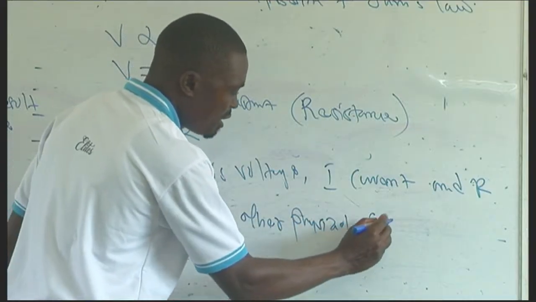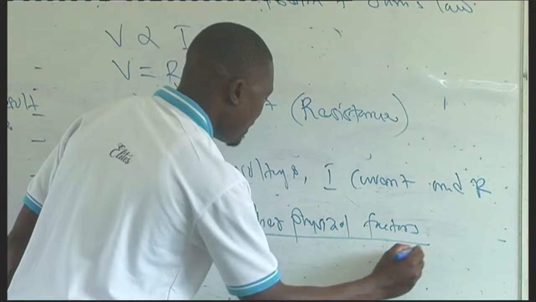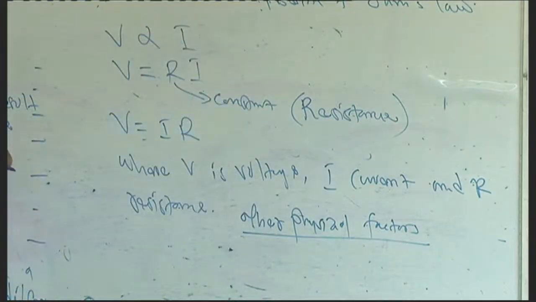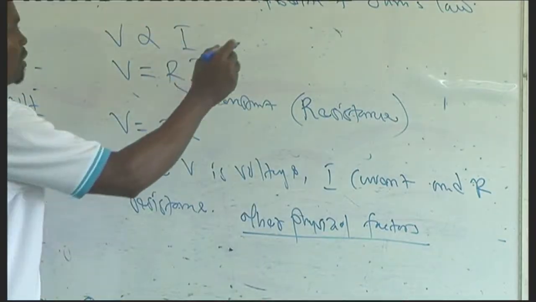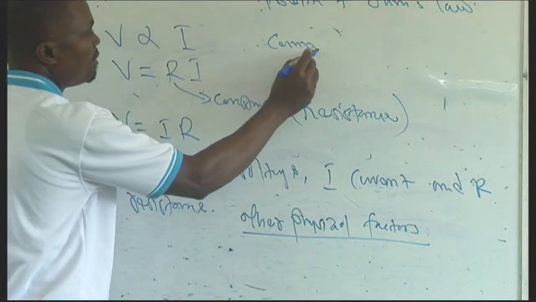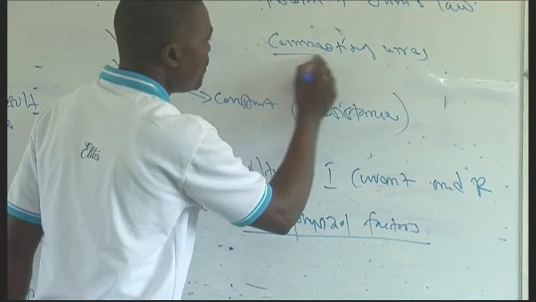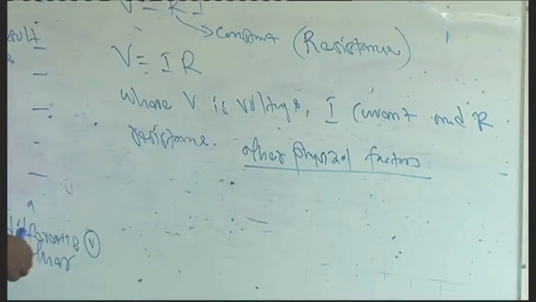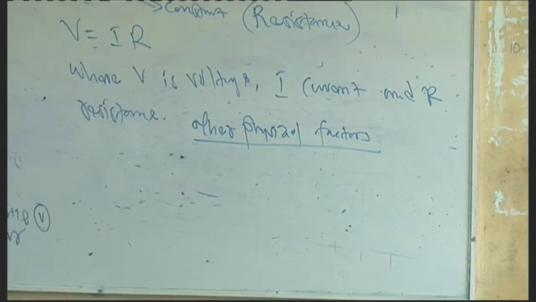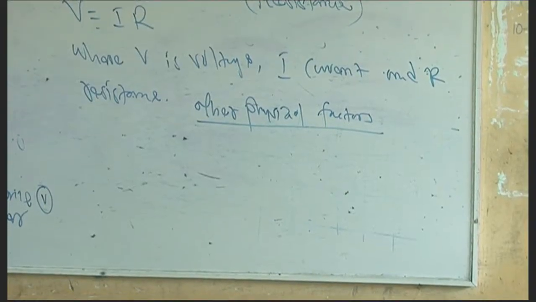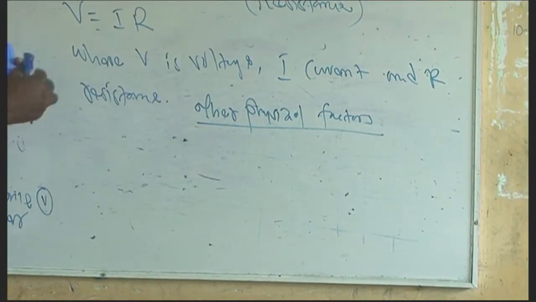Other physical factors: suppose we are doing this experiment, we have connecting wires. If I do this experiment, you must ensure that you use the same wire throughout, of the same size.